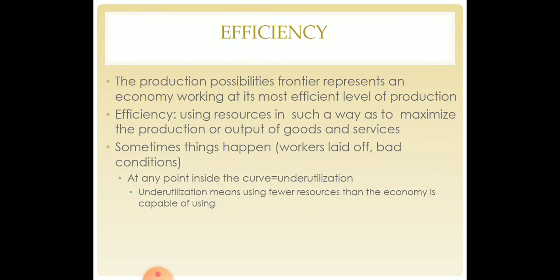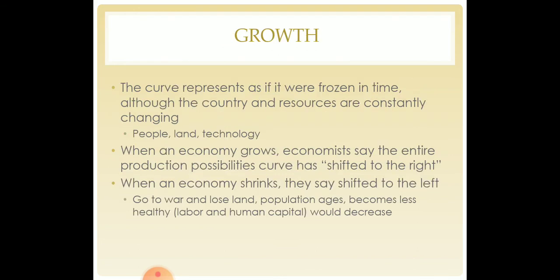This gives me what? This gives me underutilization. At any point inside the curve, we have underutilization. Underutilization means using fewer resources than the economy is capable of using. So the curve represents the economy as if it were frozen in time, although the country and resources are constantly changing.